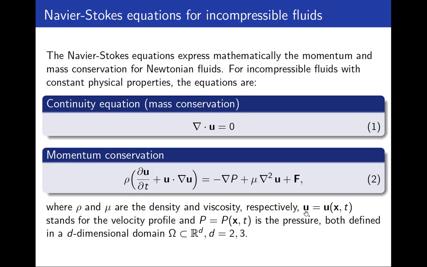And then the velocity field depends on both position and time. So U is the velocity profile, and P is a scalar field that is also going to be dependent on position and time, and P is the pressure.